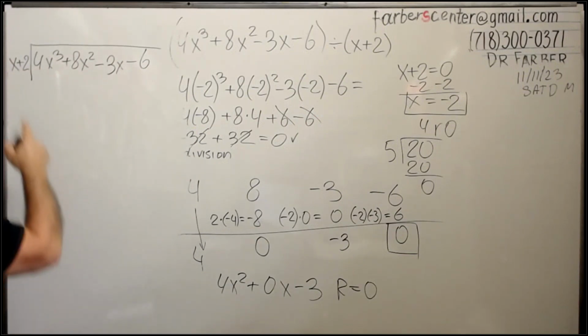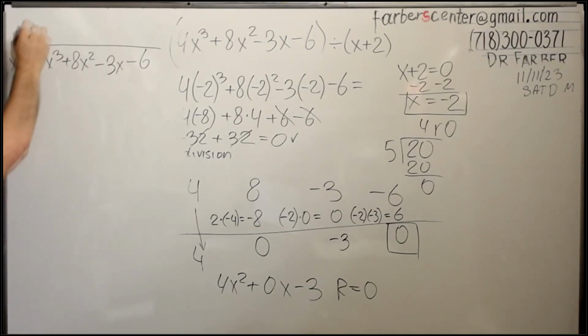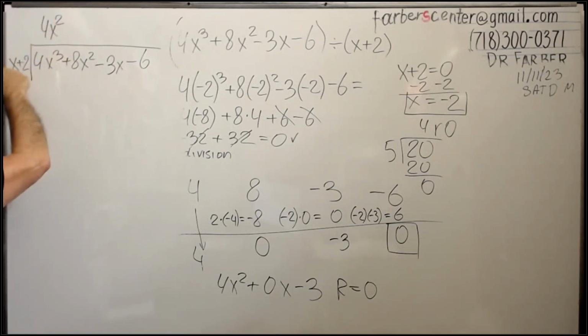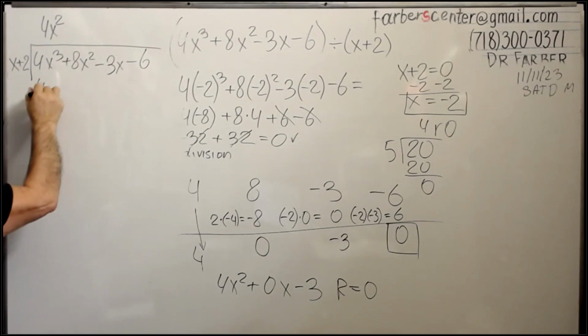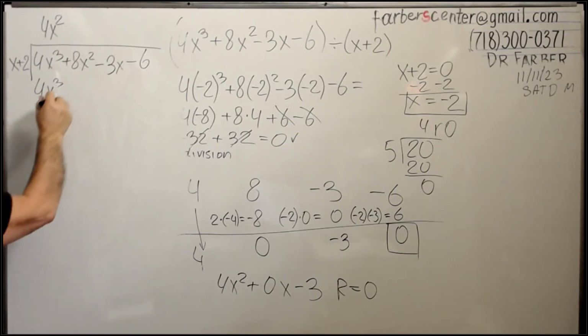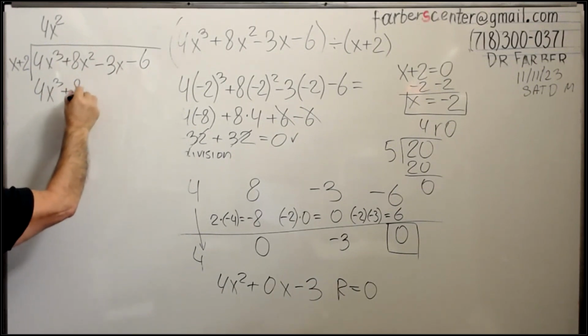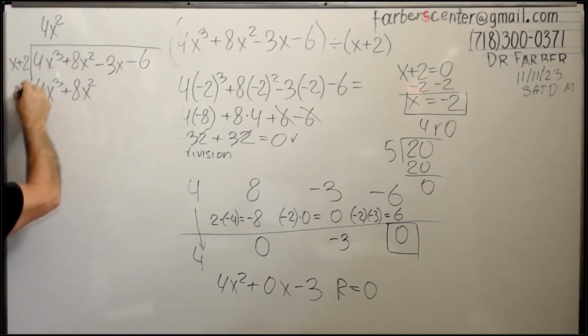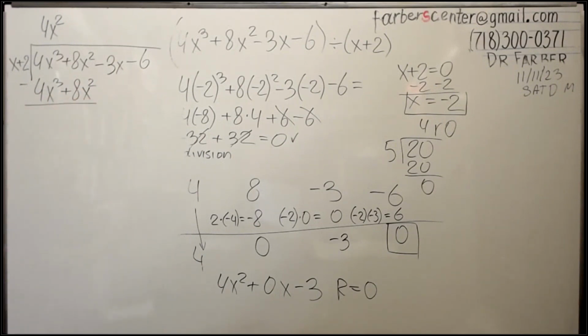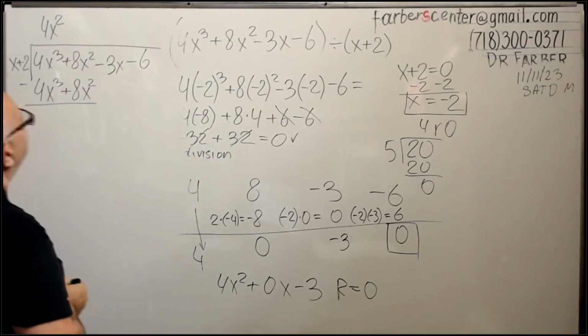How to get 4x cubed? It would be 4x to the second. 4x to the second times x is 4x cubed. 4x squared times 2 would be 8x squared. When you subtract, you get 0 here, right? Okay.